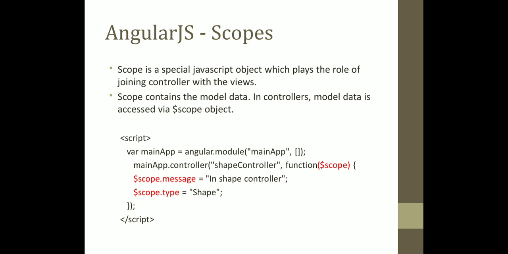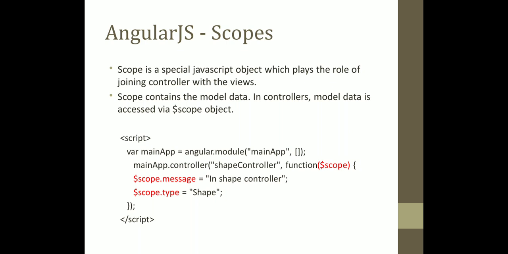Likewise, here also we can see with the example, like started the script and created the mainApp. The controller used is shapeController, and the parameter of course is $scope, and $scope contains the model data here. In the controller, this model data is accessed via the $scope object.